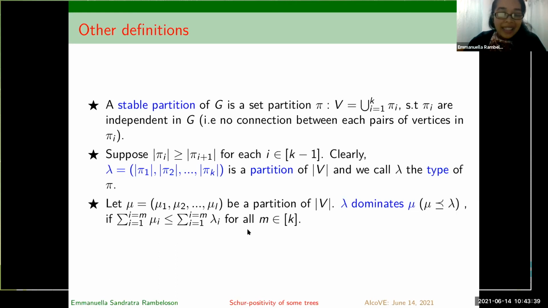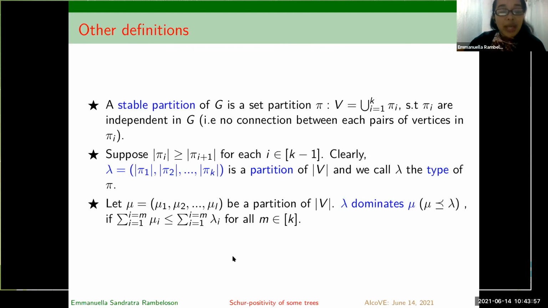If for any m between 1 and k, we must have these inequalities here. That is, the sum of mu_i must be less than the sum of lambda_i when i is between 1 and m.